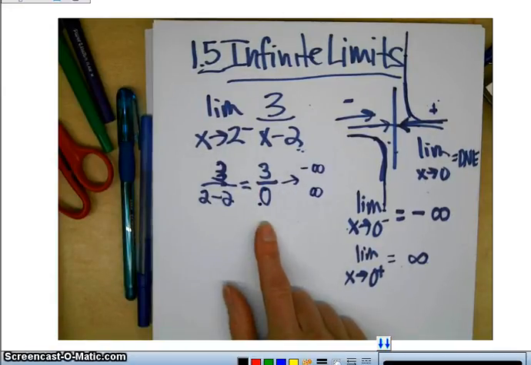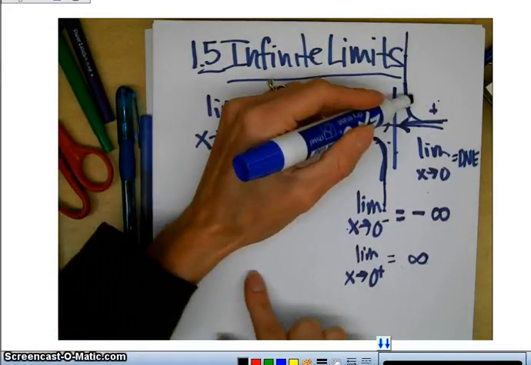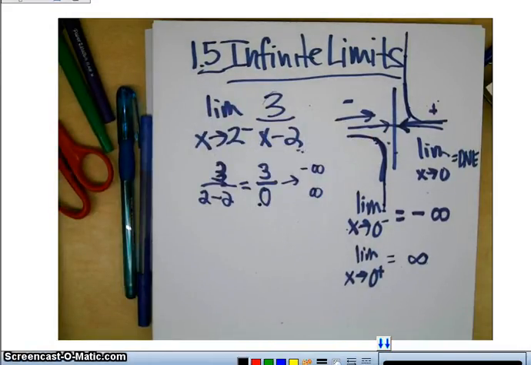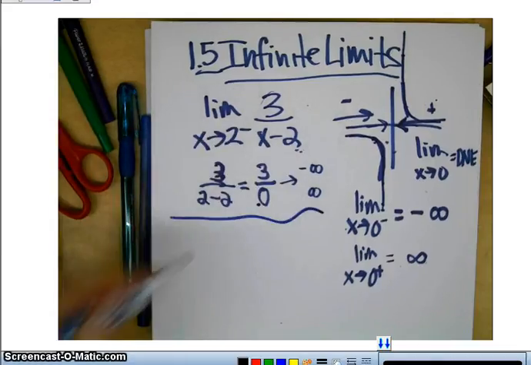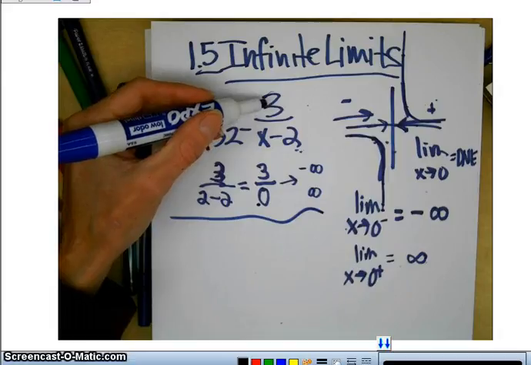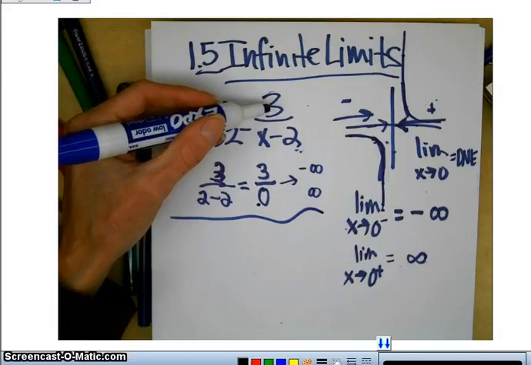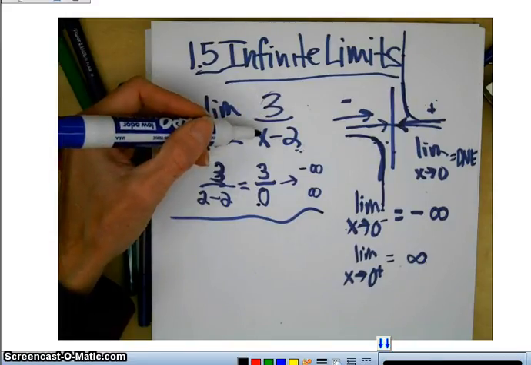This is basically saying as x goes to 2, this graph probably has this type of unbounded behavior. And really the best and fastest way to find it, because guess what? There's no algebra you can do to 3 over x minus 2. There's nothing you can do to simplify it so that you can just plug 2 in. Not going to happen.